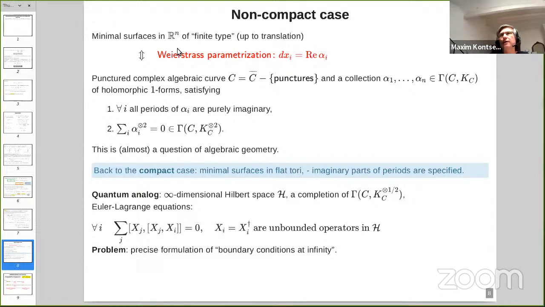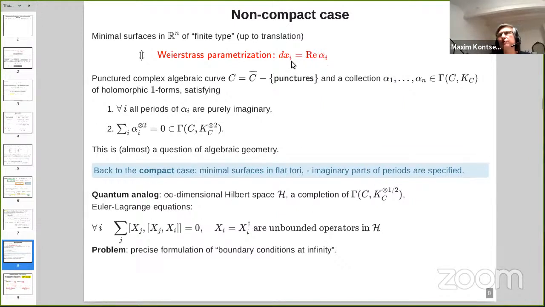Namely, if we have a non-compact surface embedded as a minimal surface, I don't speak about symplectic structure on the surface at all now. On the surface you get one-forms dxi, and we have the induced Riemannian metric and induced conformal structure, so it will actually be a complex curve. Assume this complex curve is of finite type, an algebraic curve minus finitely many punctures. Then each one-form, d of a coordinate, will be the real part of a holomorphic one-form. It will be a harmonic form, and xi will be a harmonic function on the surface.